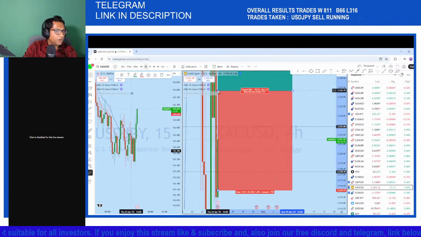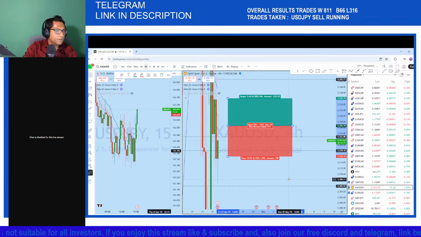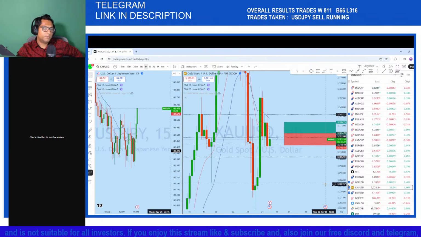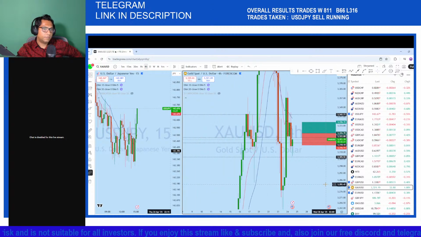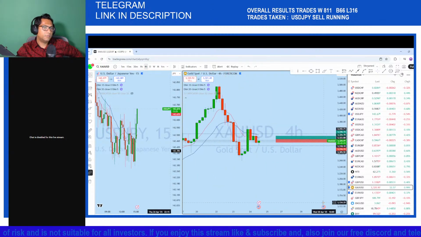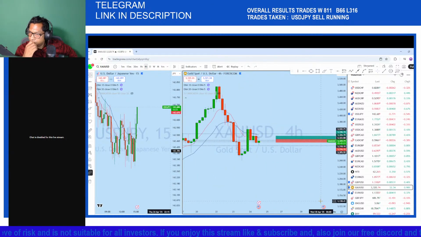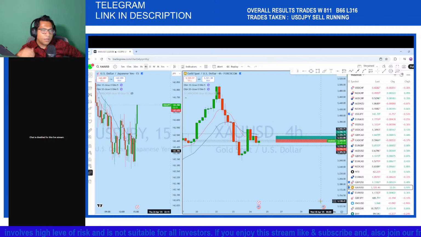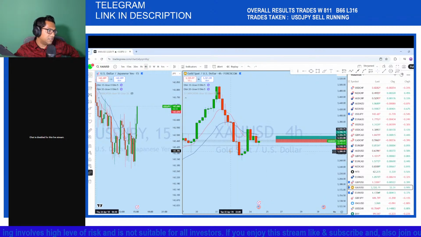To the 4-hour, so what kind of price action do we see?